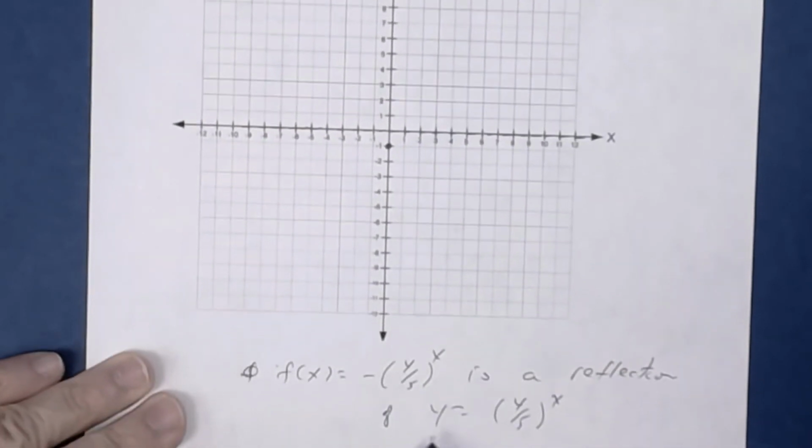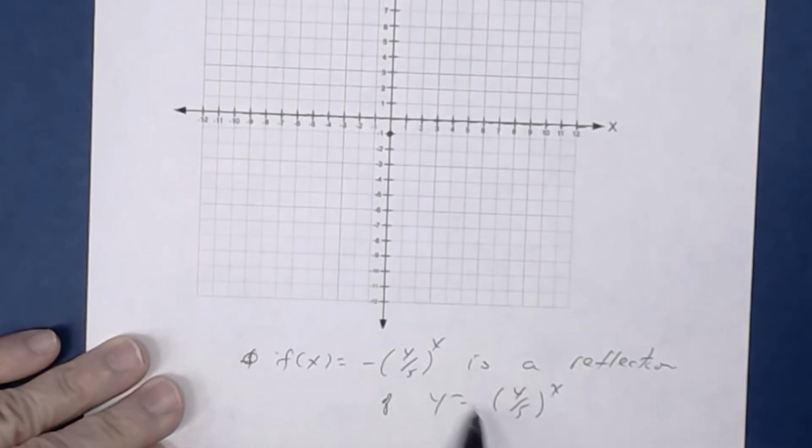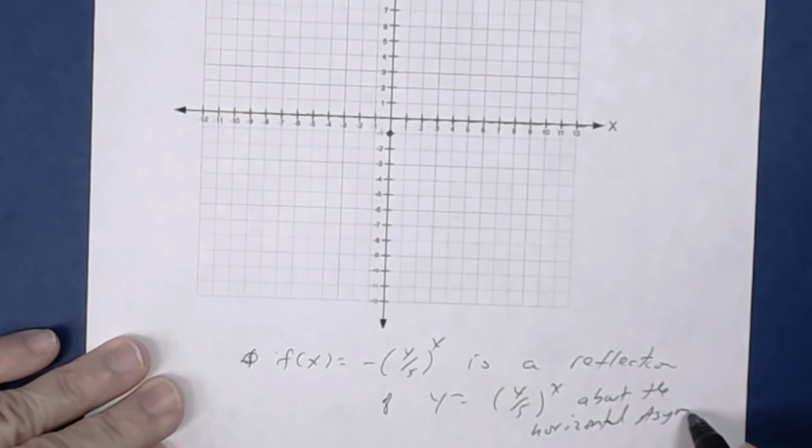I didn't want to use f of x again because if you say f of x, it would be the same function, and they're not. That's why I use y. So that's a reflection of y equals 4/5 to the x about the horizontal asymptote, and you're going to see that here.